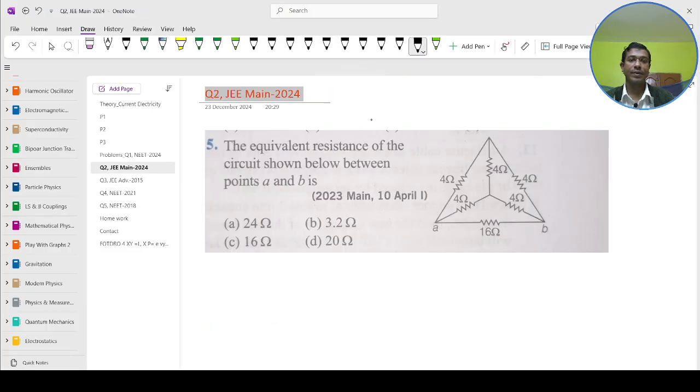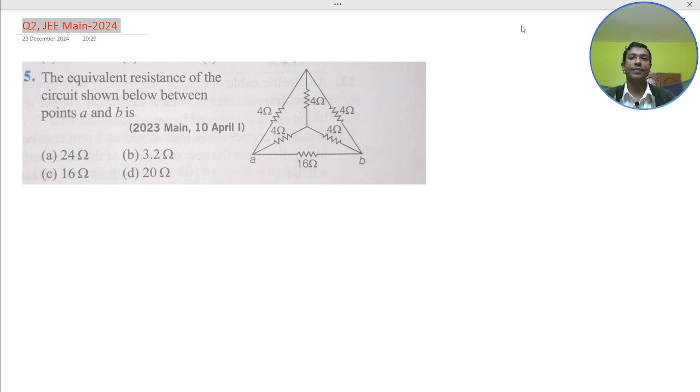Next one, coming in JEE Main 2023: the equivalent resistance of the circuit shown below between points A and B, triangular section. This is also a combination of Wheatstone bridge format. We just draw it for better simplicity.